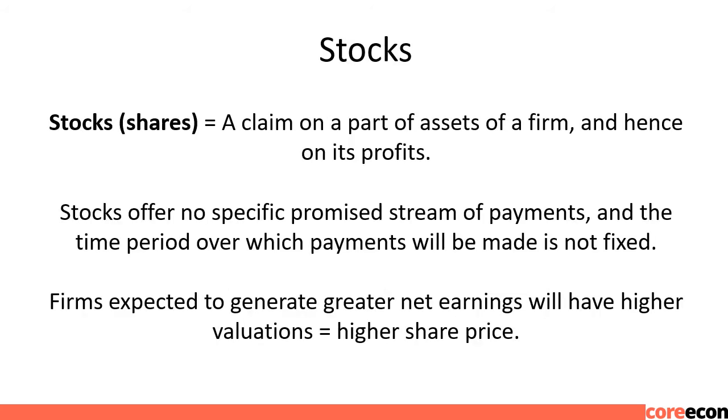Stocks, or shares, are a claim on a part of the assets of a firm and hence on its profits. If you hold one share of Apple, then you own a small part of the company and have a claim on a part of its profits that the company decides to distribute.